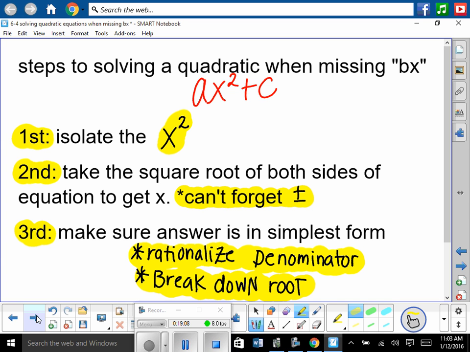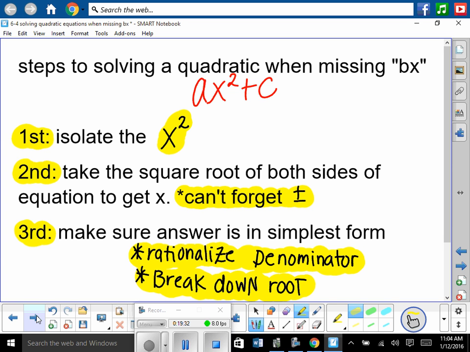Second, once we've isolated x squared, we take the square root of both sides of the equation to get x, because the square root undoes x squared. Once we have x, we can't forget to account for the plus and minus answer. We just learned why: the plus and minus answer make the statement true.